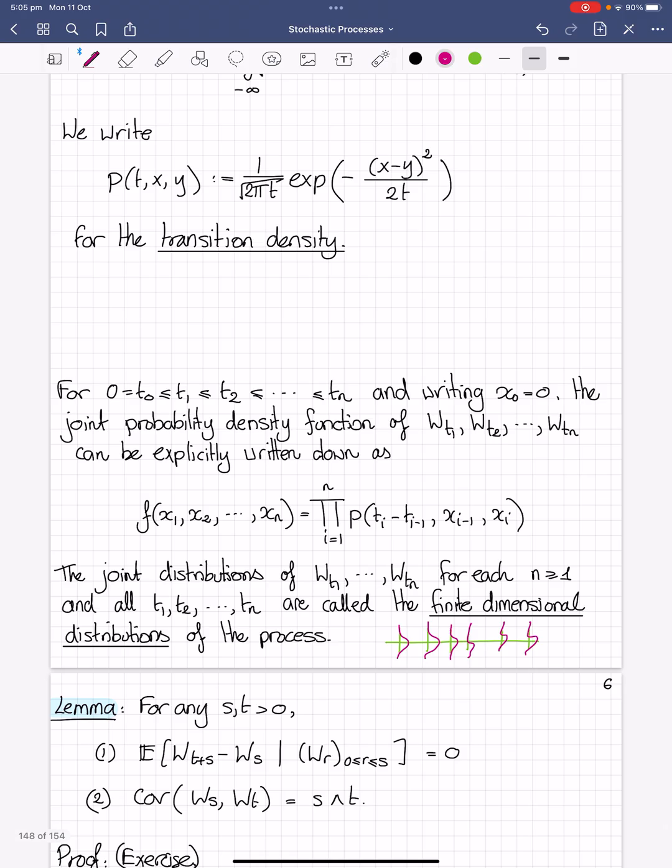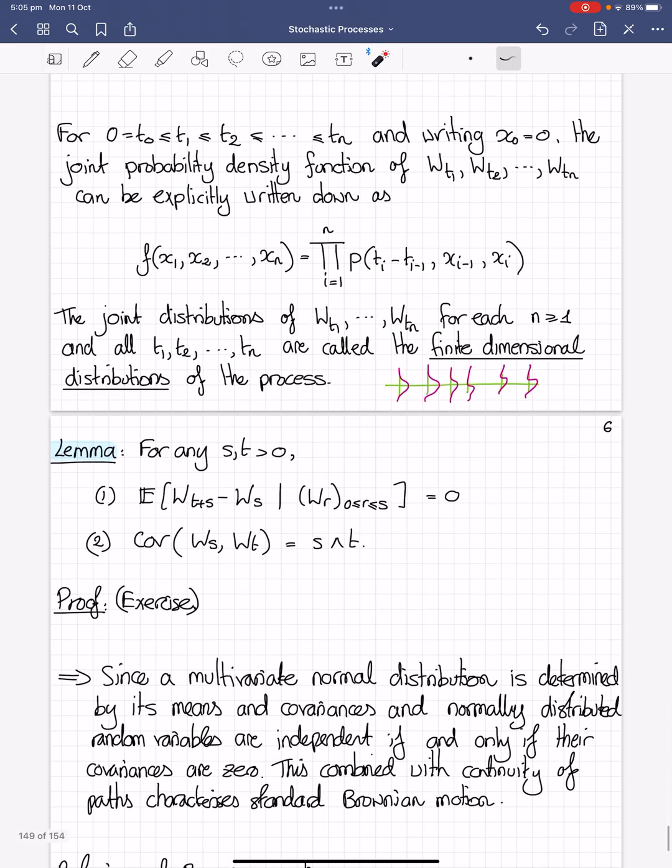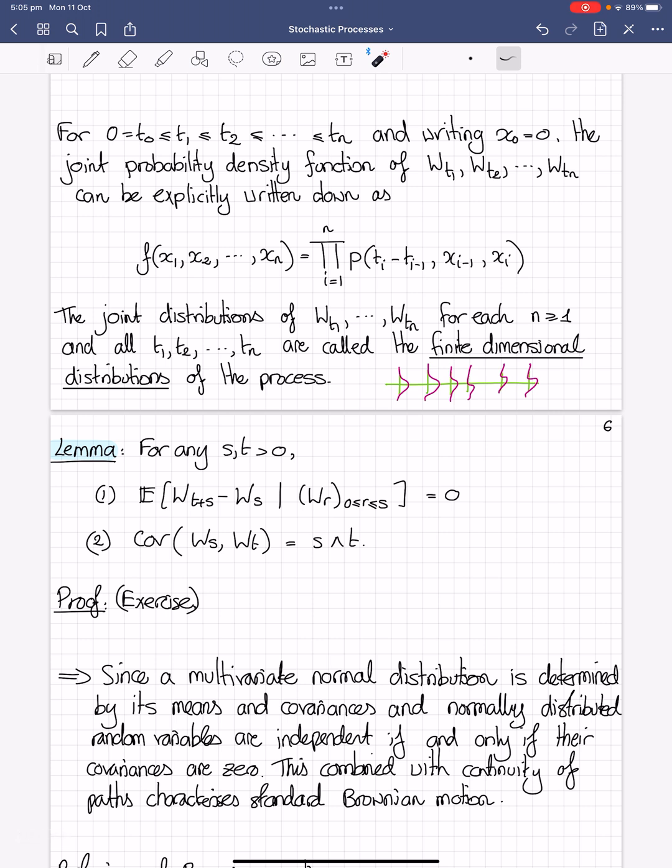What's nice is that all these finite dimensional distributions are going to be normal, with a varying parameter for the variance related to time. Okay, so the first lemma is that if we consider the increment of a Brownian motion, so let me draw this.